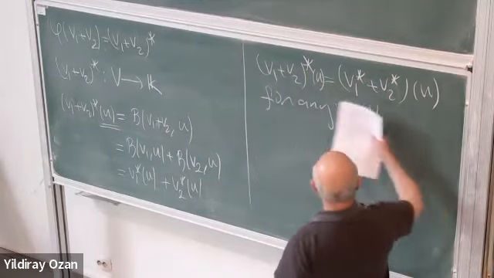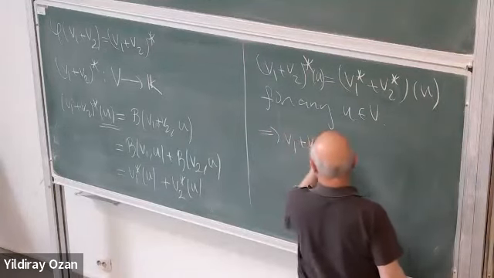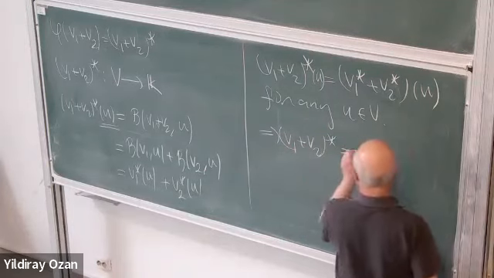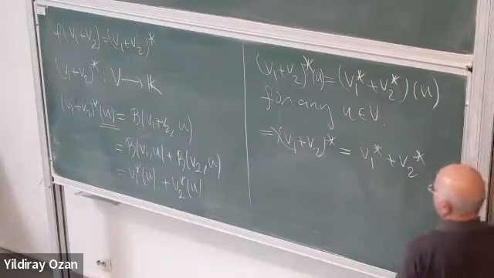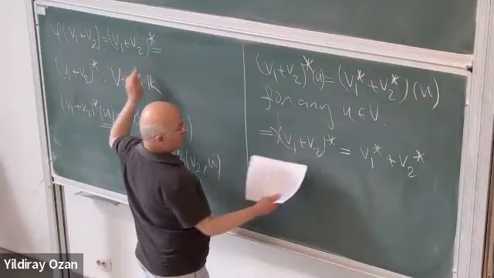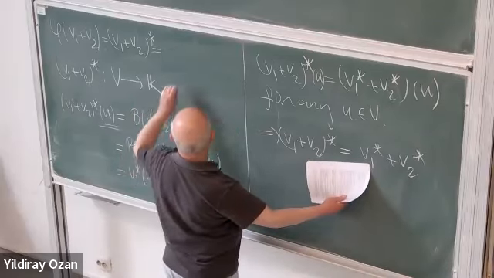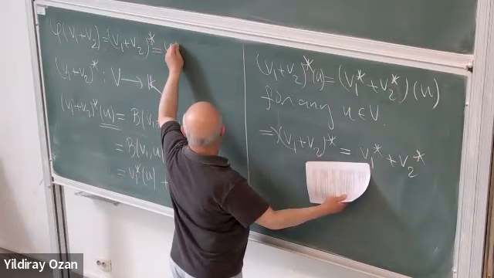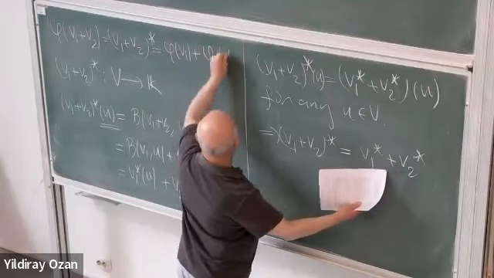So this homomorphism and this homomorphism are the same. Therefore, v1 plus v2 star is just v1 star plus v2 star, but v1 star is phi of v1, and this is phi of v2.